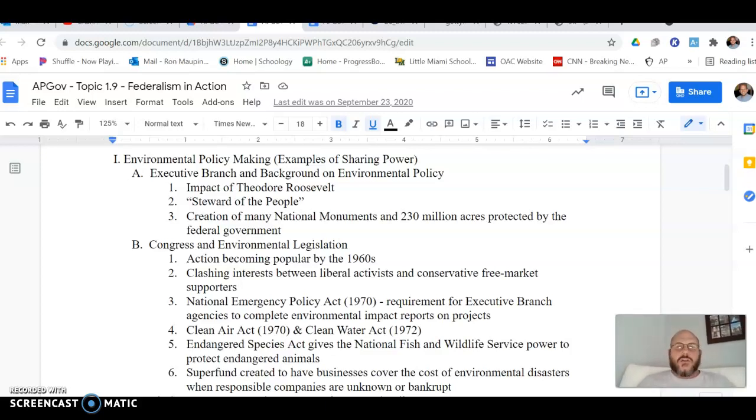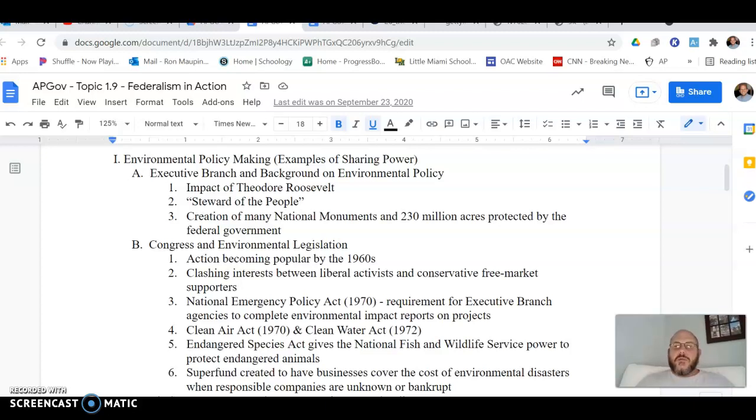And American culture was changing in this time period, especially regarding environmentalism. There was a growing sense amongst young people especially that the environment must be protected from the abuses of the free market in terms of industrialization.